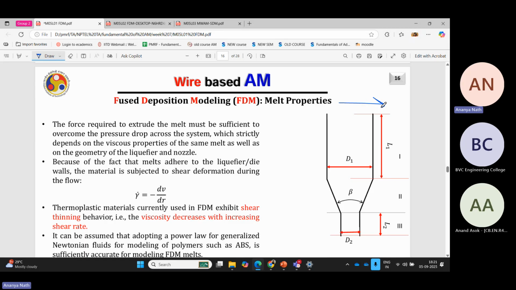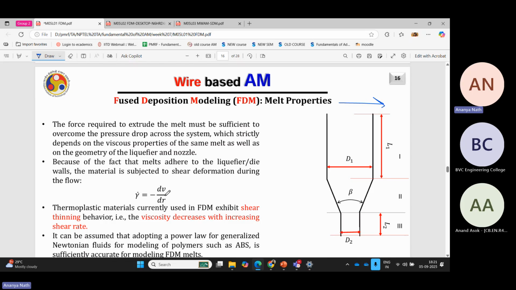If you over melt the wire, it will still be melted or it will just burn away. So that also you need to consider. Then how much is the viscosity of the wire? If it's very viscous, then you need to adjust the feed rate and the velocity accordingly. So these are a few properties of the wire that you need to study. Based on that, you need to choose the process parameters.